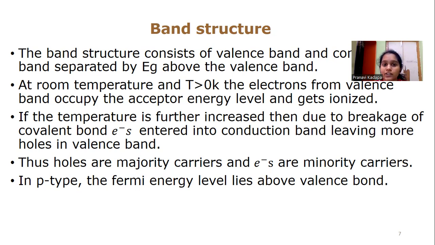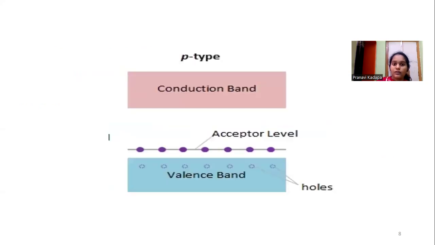At room temperature, under T greater than 0 Kelvin, electrons from the valence band occupy the acceptor energy levels and get ionized. If the temperature is further increased, due to breakage of covalent bonds, electrons enter the conduction band, leaving more holes in the valence band. Thus, holes are majority carriers and electrons are minority carriers. In P-type, the Fermi energy level lies above the valence band. This is the pictorial representation of the band structure in P-type semiconductors.